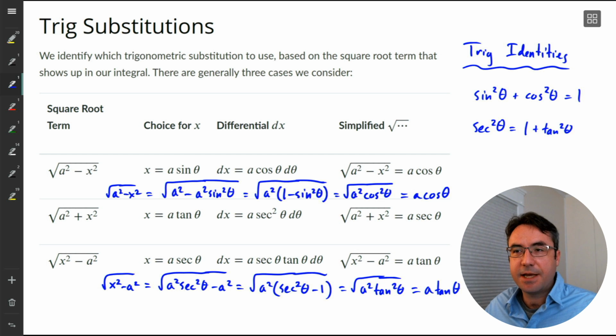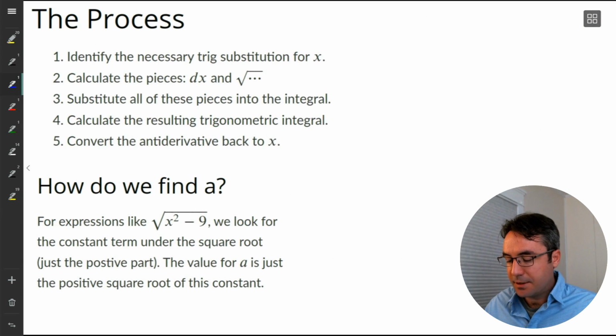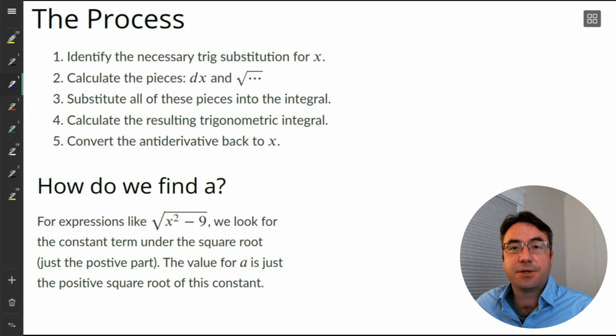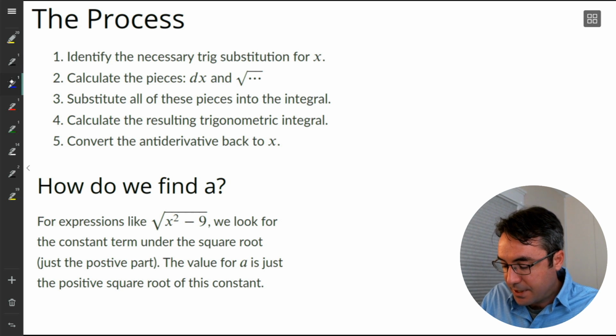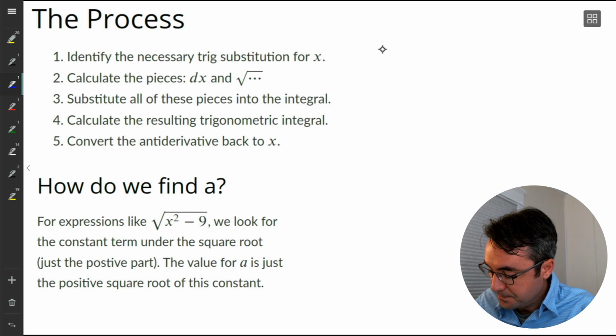We're going to come back to this table, but let's just talk a little bit about the process here. So step one, we're presented with an integral. The first thing we want to do is decide what the necessary trig substitution for x is going to be, and that's just by identifying those three possible square root cases. So again, what were those cases? There's three cases.